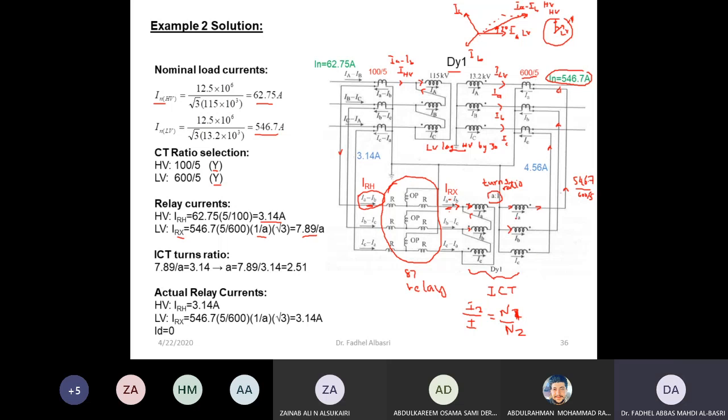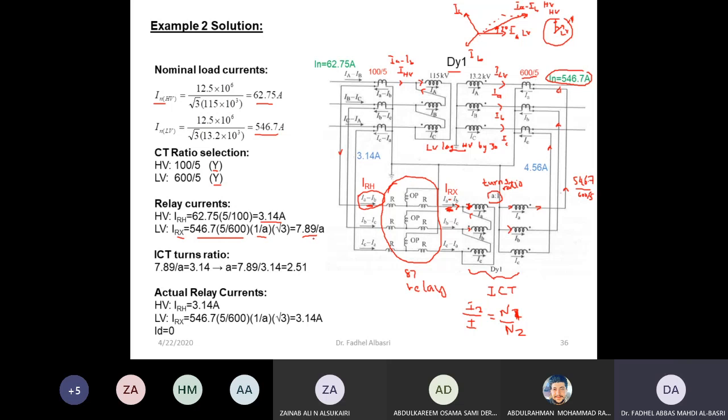This is the I2 side, this is the I1 side, so this is N1 and this is N2. So the current referred to the secondary side of the CT, times 1 over A, gives me this current, and times √3 gives me this current.